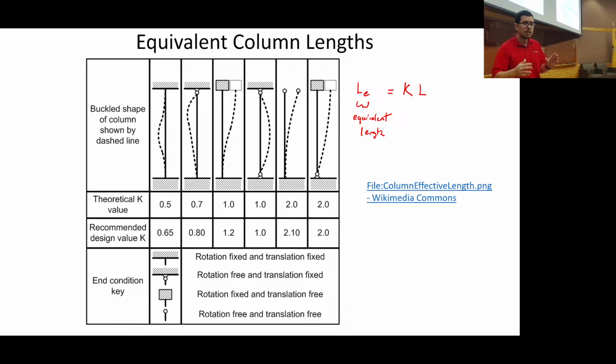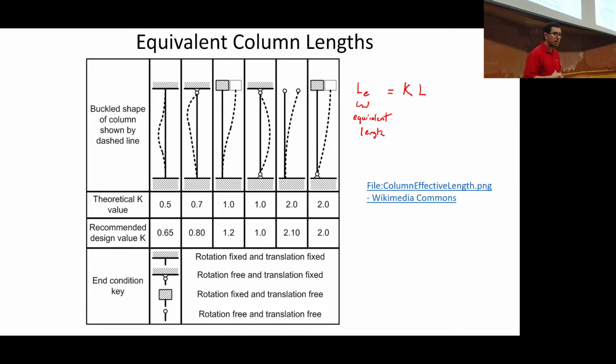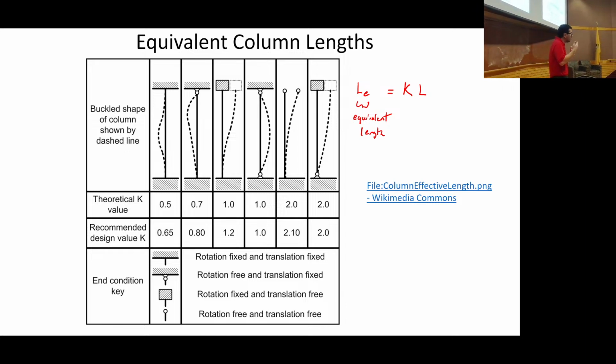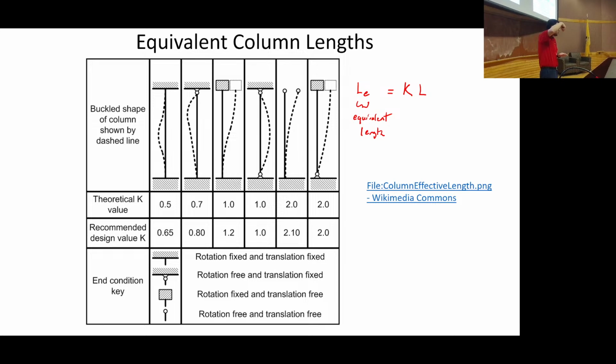Which one of these scenarios applies to the scenario I just described? Fixed on one end, force in compression, but free-ish, at least in 2D. Let's say in this direction. Which one of these do you think applies to this situation?